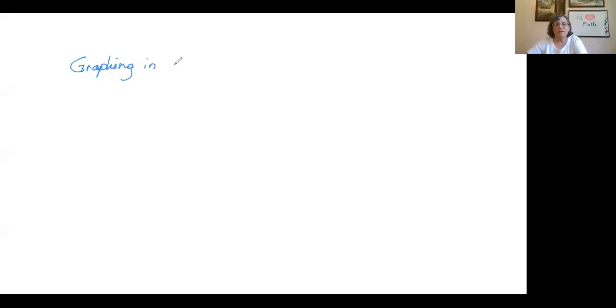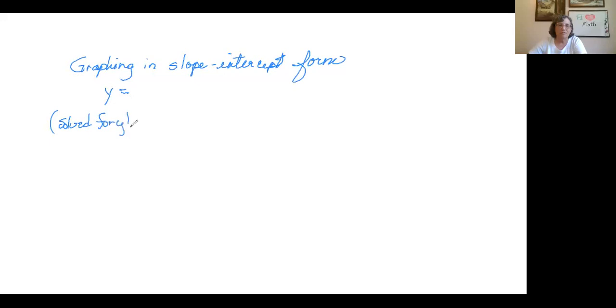Let's look at graphing a line in slope-intercept form. In slope-intercept form, which is where the equation is solved for y, whatever shows up on the other side is going to tell us our slope and our y-intercept.